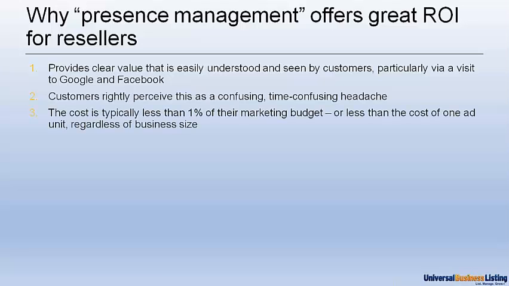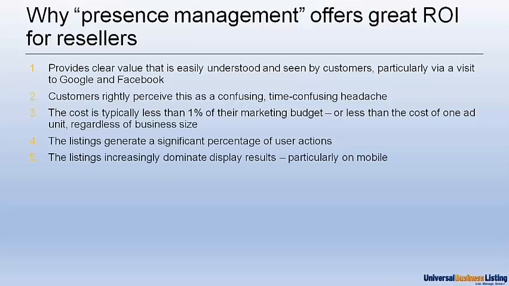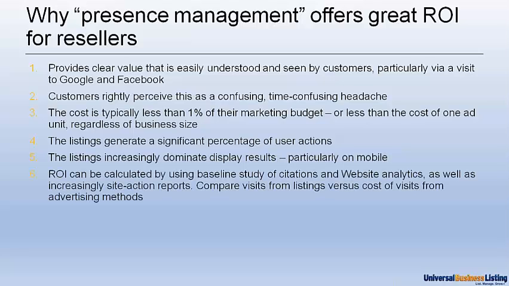A rule of thumb here is that the cost of repairing this is less than 1% of anybody's marketing budget, whether you're a large business or small. I would also say it's less than the cost of one advertising unit. And these listings generate a disproportionately large percentage of user actions given this investment. And they're increasingly dominating display results, particularly on mobile.